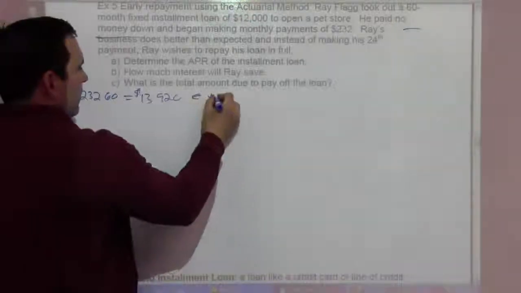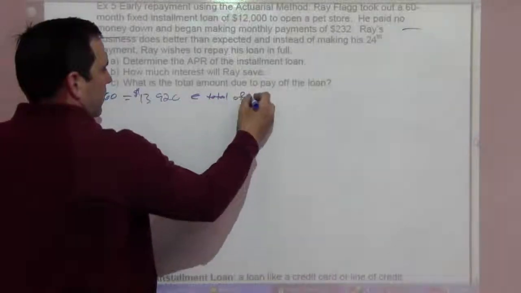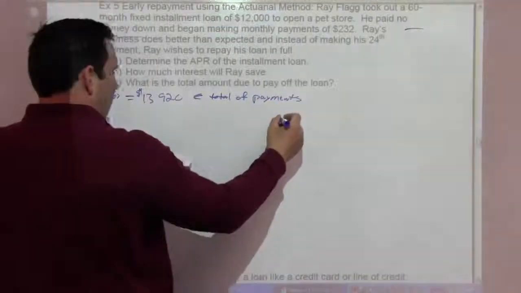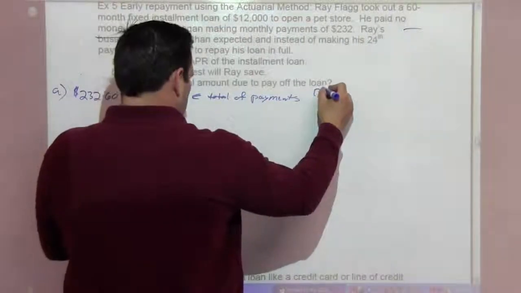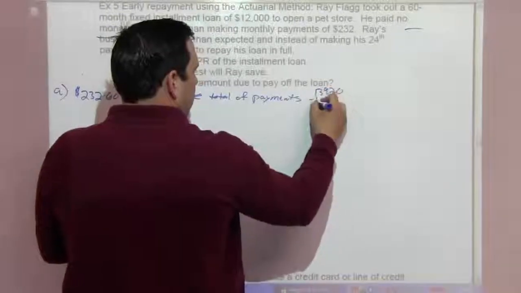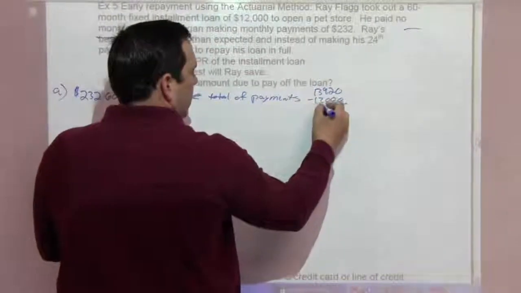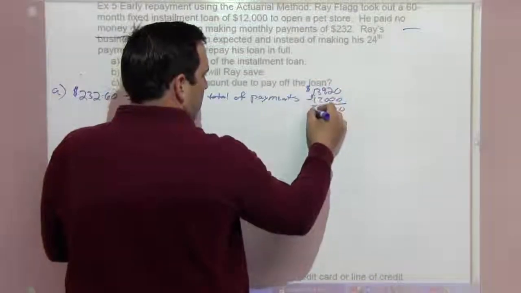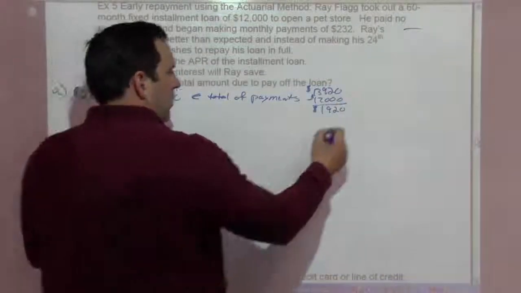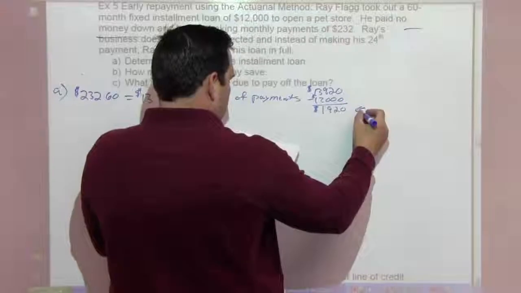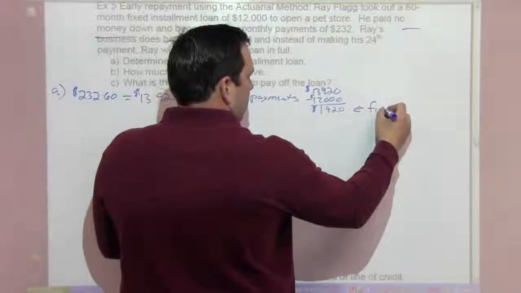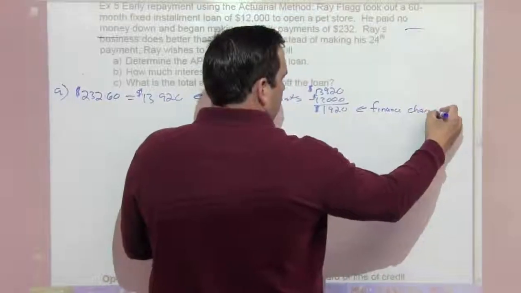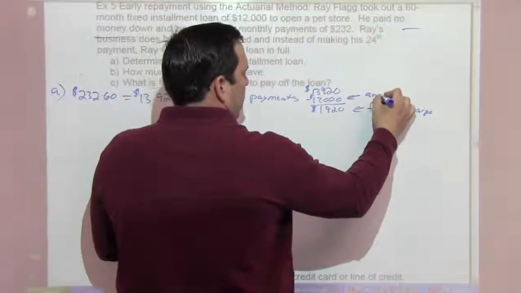That's the total of payments. If we take 13,920 and subtract off the 12,000 that he borrowed, that means the finance charge is $1,920. This is the finance charge, and this is the amount financed.